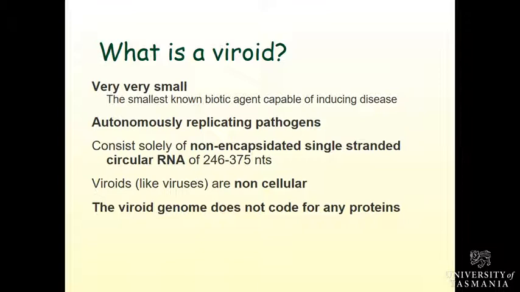This thing is a true parasite, a true pathogen, in that it can organise its own replication. So it infects a cell and says, right cell, make a few million copies of me, and do it now, because I'm taking over this cell and I'm the boss. So it is a true pathogen, not a hanger-on.